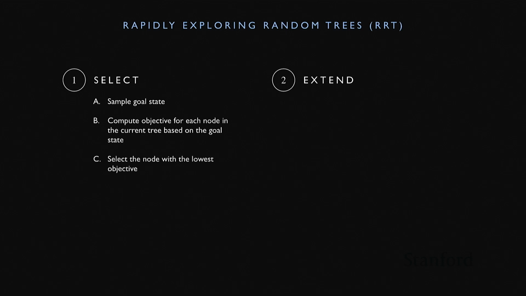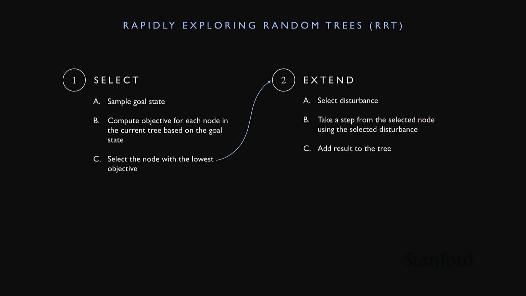And then we'll select the node with the lowest objective. I'll do an example in a second. Once we've selected a node, that's the node that we want to extend. To extend it, we just select a disturbance. We take a step from the selected node using that selected disturbance, and then add the result to the tree. And then we can just keep repeating this process to build up the tree.